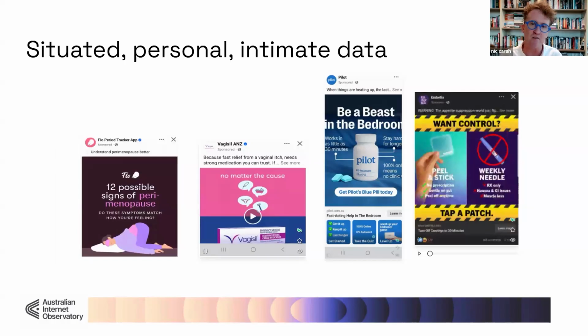And it gives you a sense, I think, of how advertising can engage with a whole range of aspects of people's lives. And it's when we take up some of these collections of ads with people in interviews that we really get a sense of how that advertising is very situated in relation to their personal experiences of their health, their bodies, the way they're being profiled by automated models, and so on.